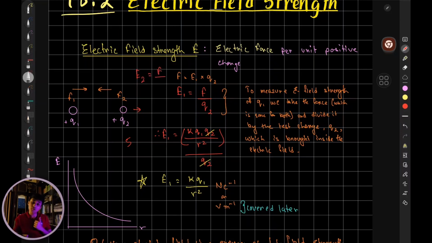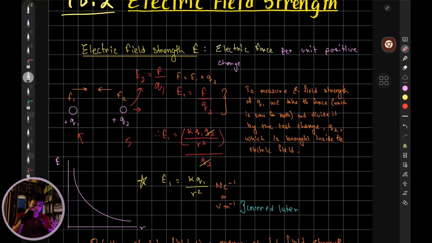Now, which charge do you take? Take the charge Q1. This is now the test charge, because you're testing the electric field of Q2. So E2 is the electric field strength of Q2, right? You divide the force felt by Q1, and you include the charge Q1, because this is the test charge.